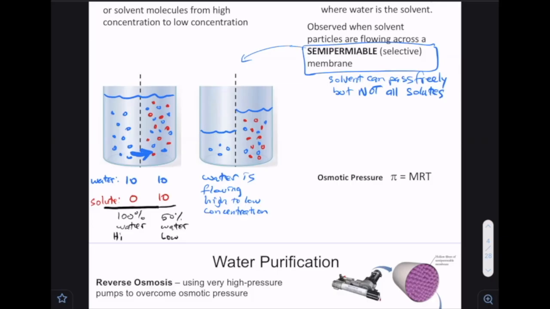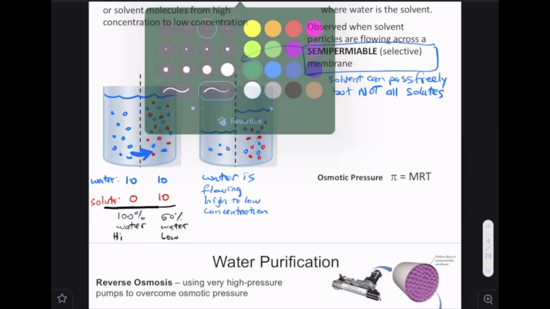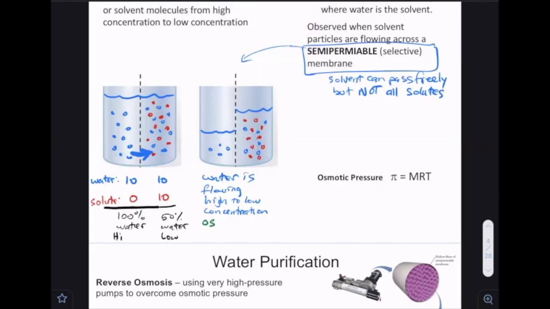Osmosis is the same thing, but it's describing the direction of water flow relative to the solid concentration. And that's why osmosis as a definition is usually confusing to people. So let me just show you both of them right here.